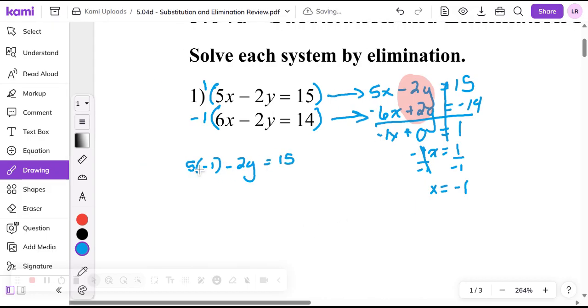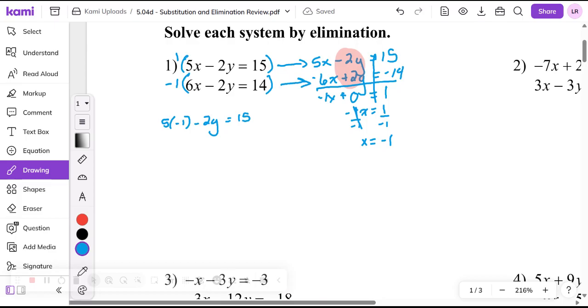And this is going to give us our second equation that we need to solve. So 5 times -1 is -5 minus 2y equals 15. Right? So I would add 5 to both sides. I would get -2y equals 20.